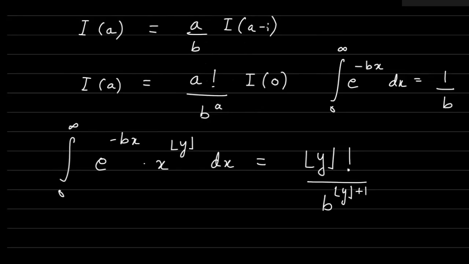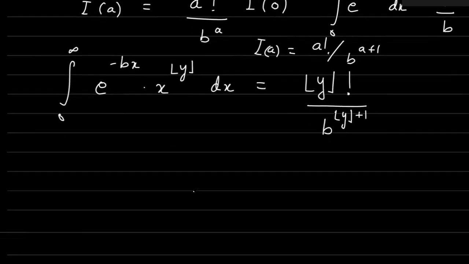So when it decreases a times, it will become a. And after integrating this, since it is 1 by b, finally I of a will become a factorial by b to the power a plus 1. Yeah, now it is correct.